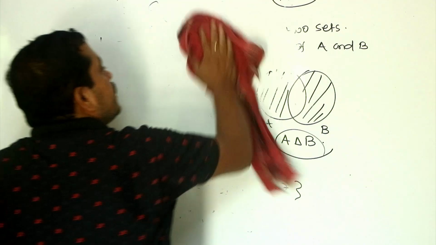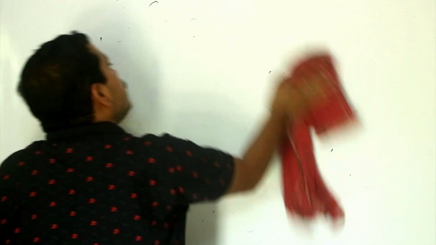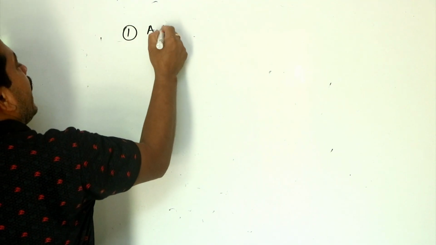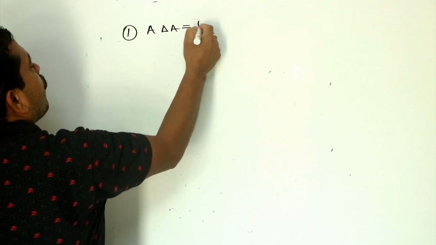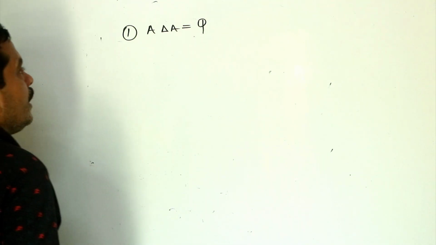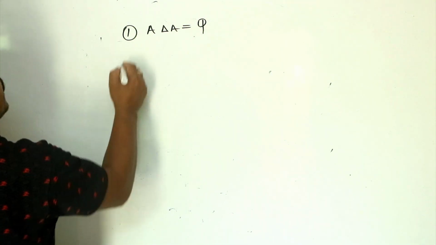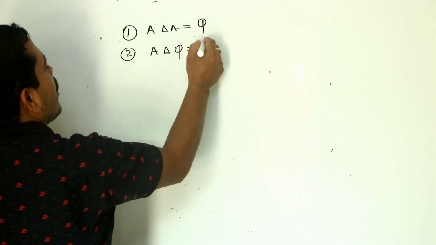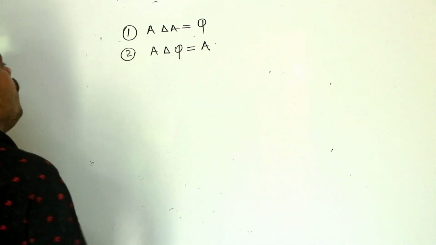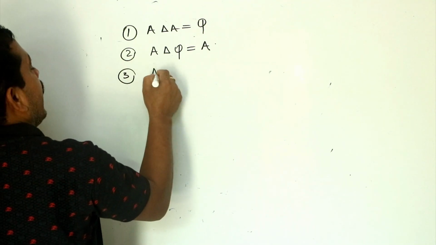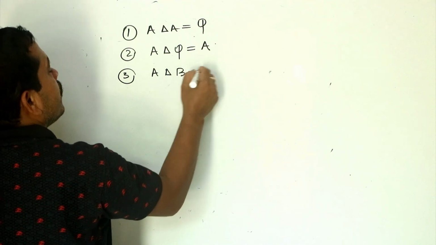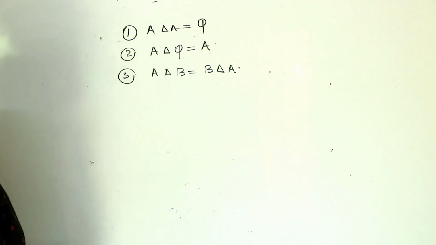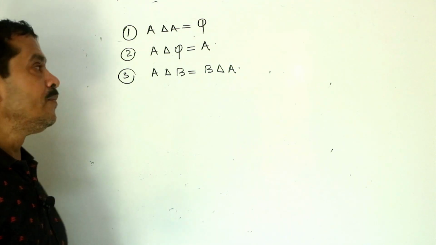Basic properties. First, A delta A equals phi. Number 2, A delta phi equals A. Number 3, A delta B equals B delta A, meaning symmetric difference is commutative but set difference is not commutative.